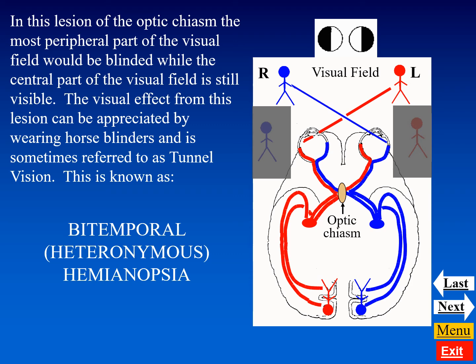So we call this type of lesion bitemporal hemianopsia, also known as bitemporal heteronymous hemianopsia, because it involves the right and left side. Some people like to call this a case of tunnel vision.